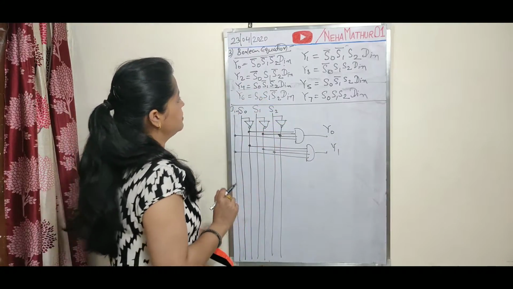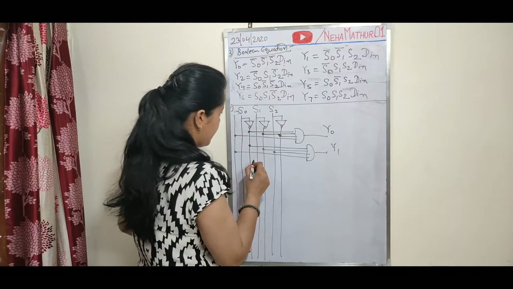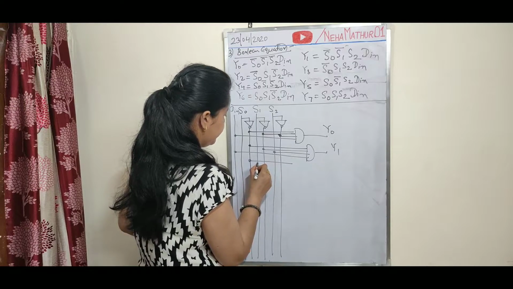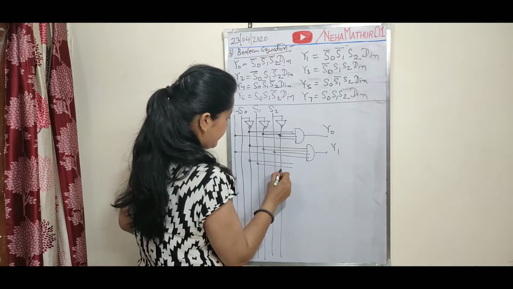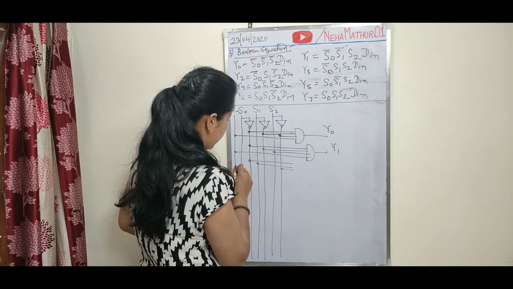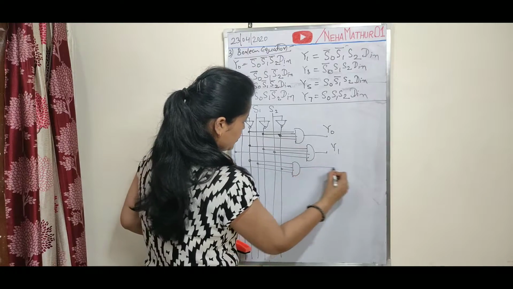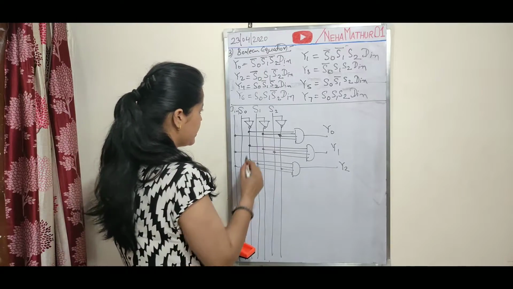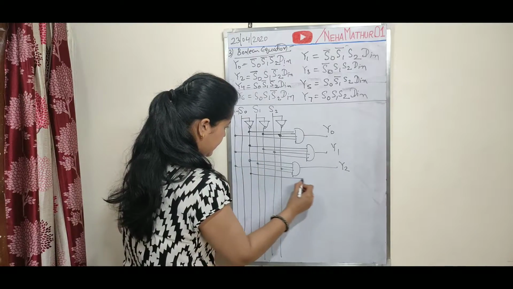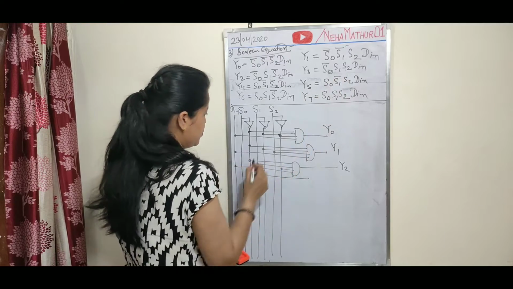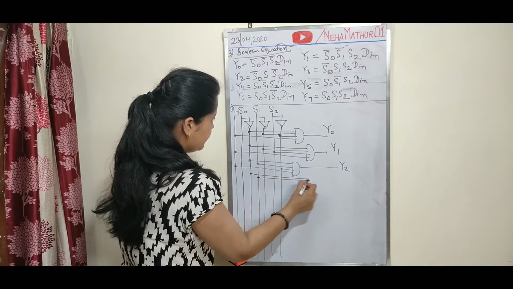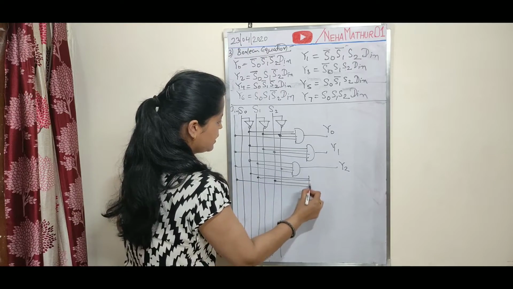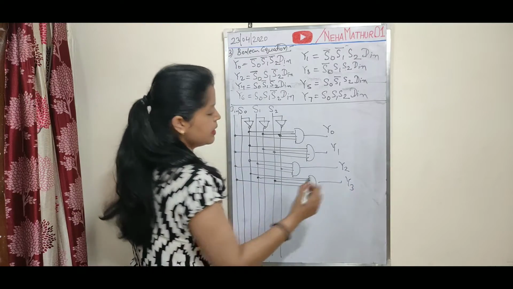The second, y2, is S0 bar, S1, S2 bar multiplied by D in, so it will be y2. Similarly y3 is equal to S0 bar, S1, S2 multiplied by D in, and it will be y3.